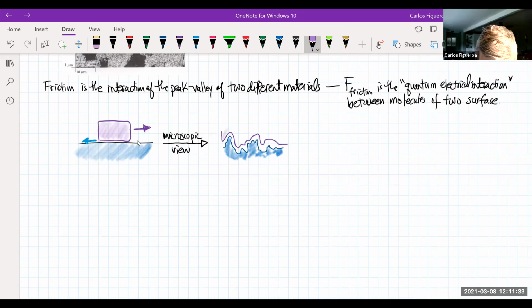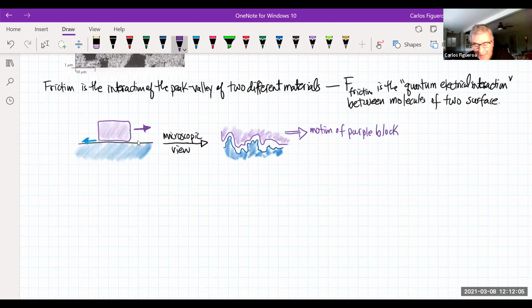So when I look at these surfaces, you're getting a picture that looks something like this. Now imagine that the purple is sliding. If the purple block is sliding in this direction, this is the motion of the purple block.